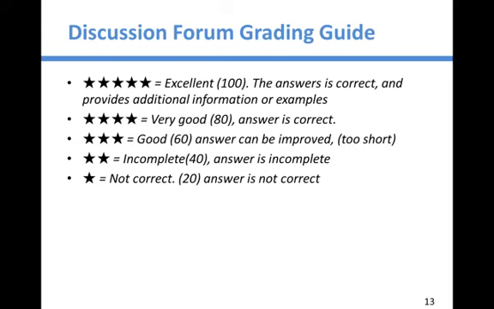They provide all the correct answers to that question, but they also provide something extra, like an example, or maybe they even make a reference to something that happened in another discussion, but they try to provide more to that. So that will be a type of answer that you give an excellent.